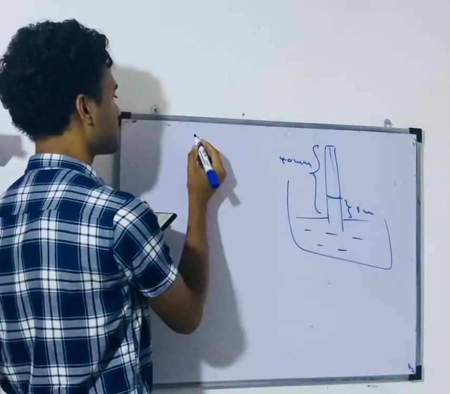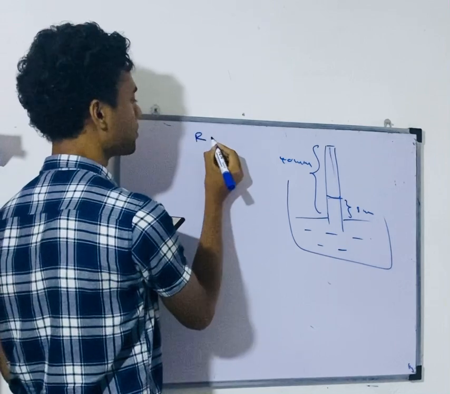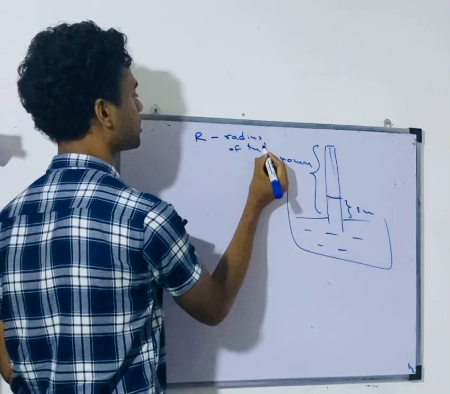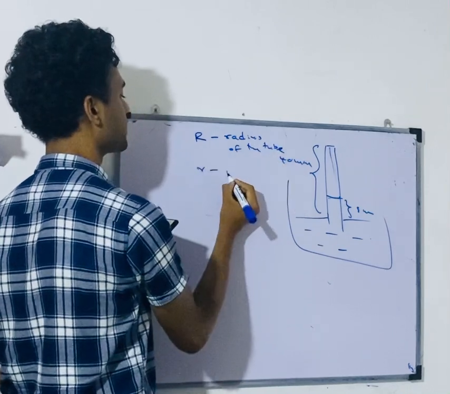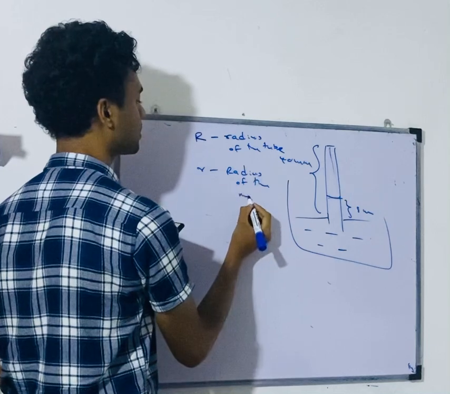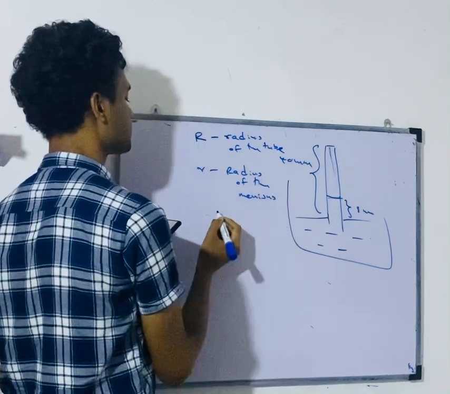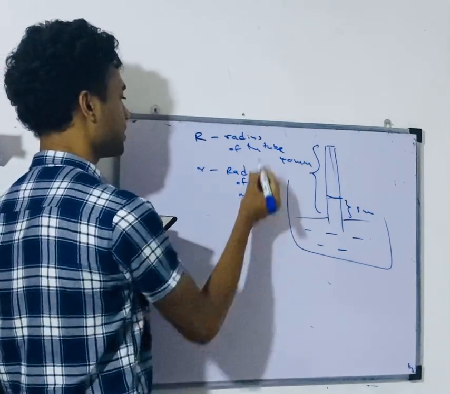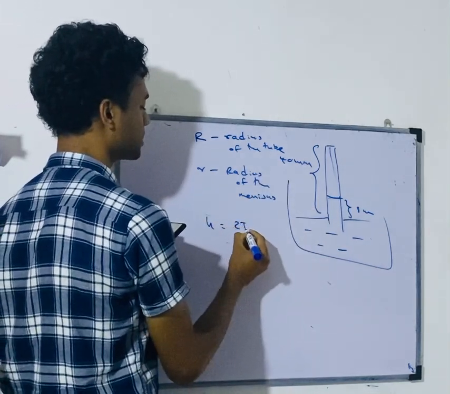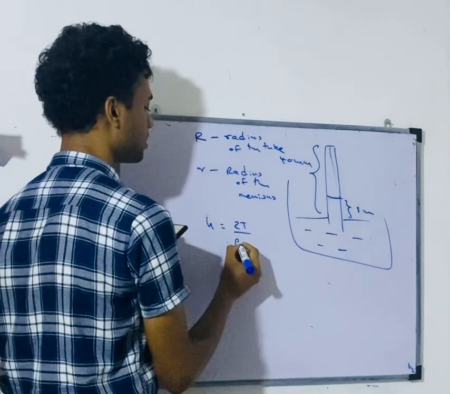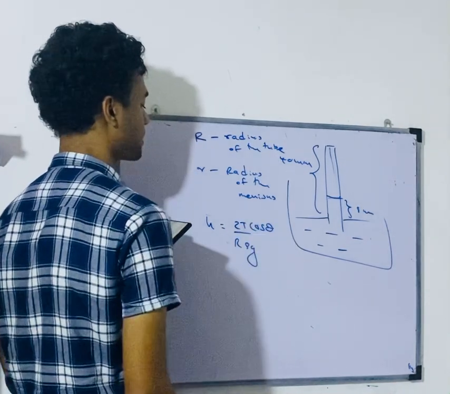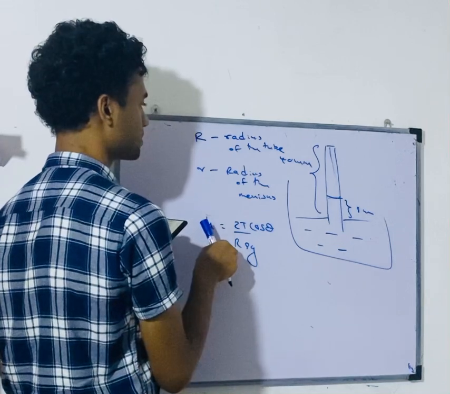You know this equation. If I consider capital R as the radius of the tube and simple r as the radius of the meniscus, I can say the height that it climbs, the capillary rise h, is equal to 2T over capital R rho g, with a cos theta term, where R is the radius of the tube.